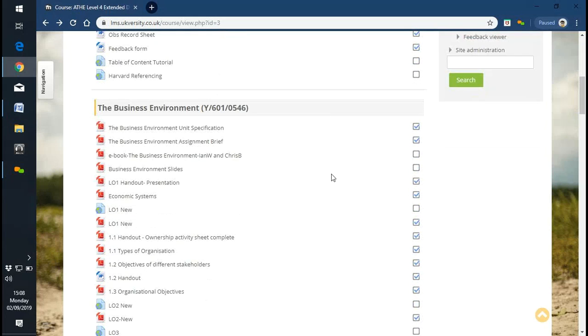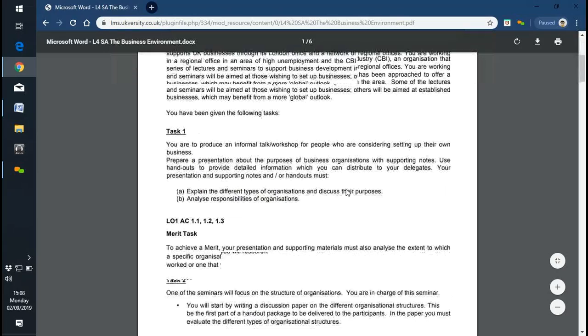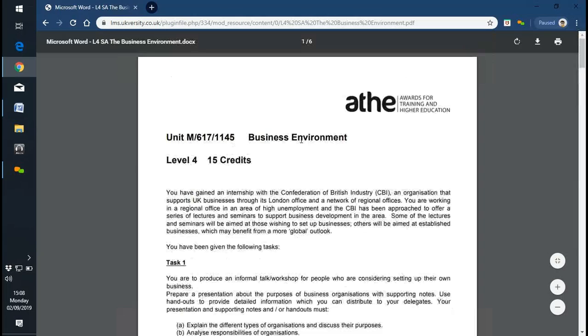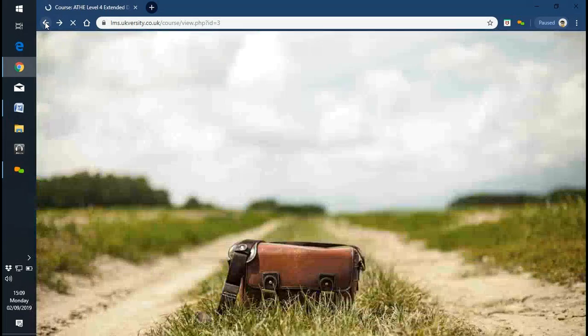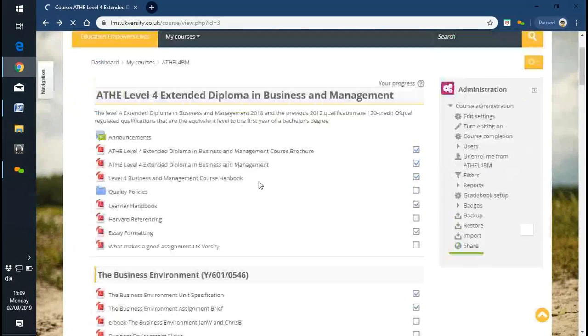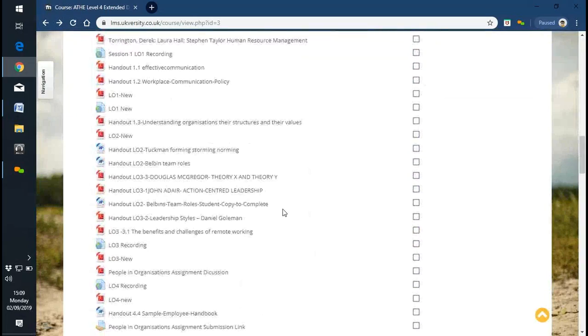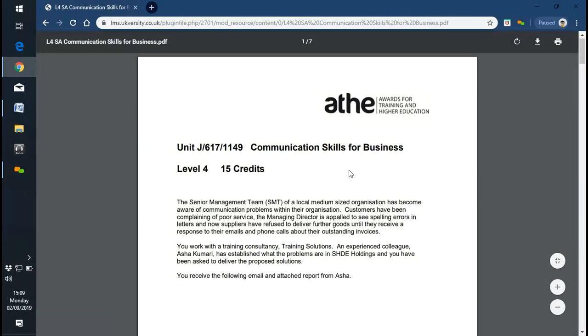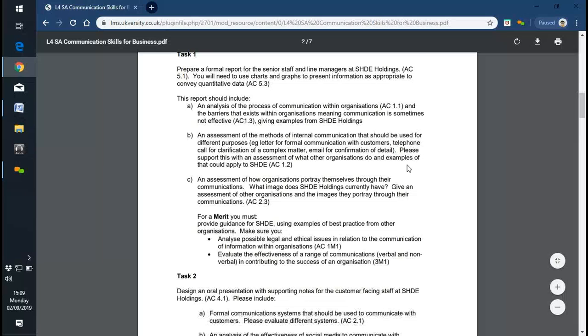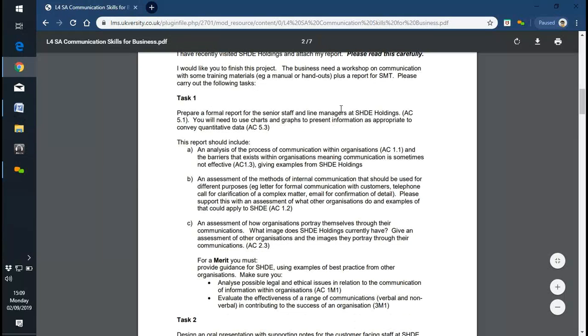Right, okay. Well, what I would suggest is, when you've done the first bit, if I go back to the assignment brief again, the first part of task 1 is to write a formal report.